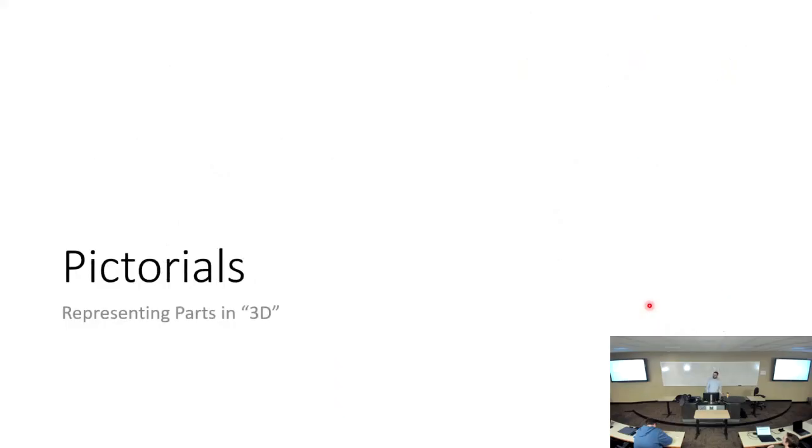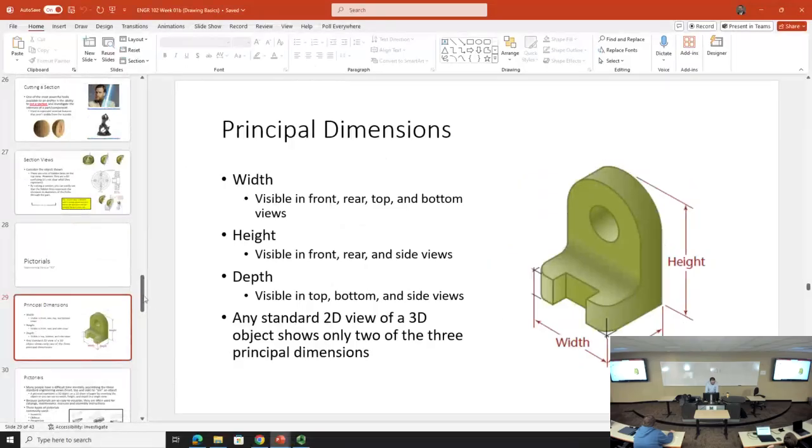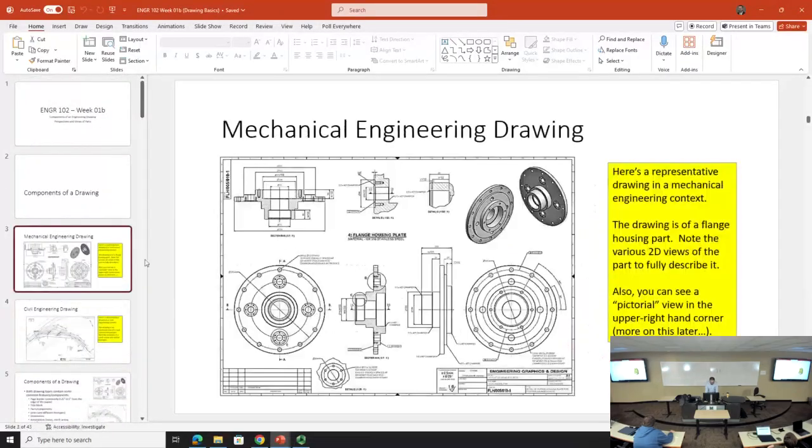Okay. Pictorials. A pictorial is when, actually, let me go back to the very beginning to explain the pictorials. If you remember this drawing right here, this is the first drawing I showed you, and there were a series of two-dimensional representations, but notice how that image in the top right really helped clarify what we were looking at.